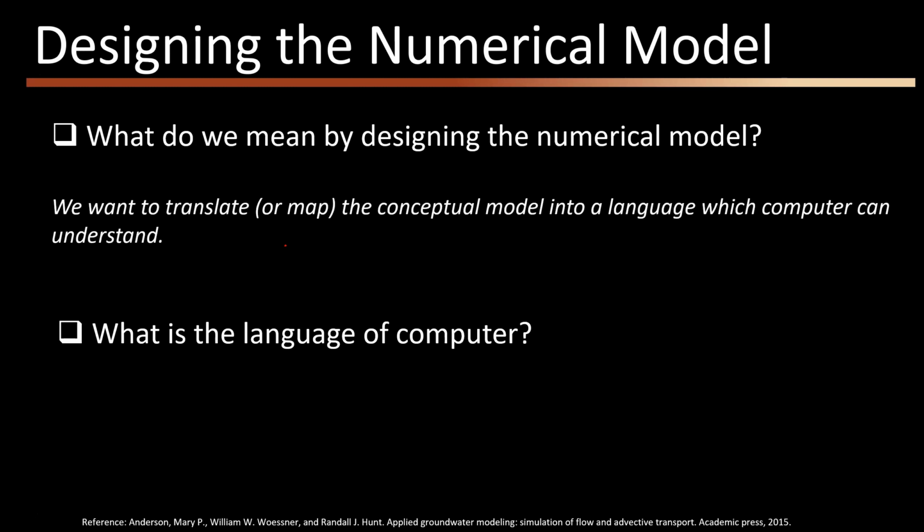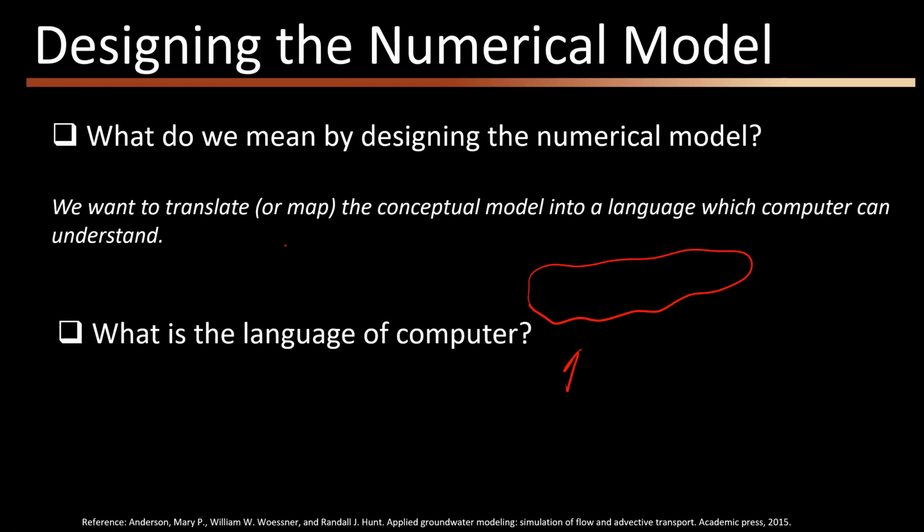Technically, we want to translate or map the conceptual model that we've made, based on the data that we collected and the identified purposes for groundwater modeling, into a language which the computer can understand. You know that computers don't have ears and eyes, so we cannot talk with them. We cannot show a map or a sketch or a conceptual model and ask them to solve this problem for us.